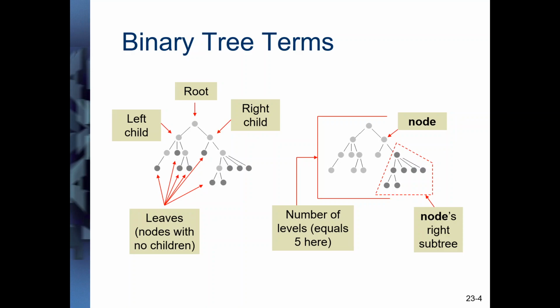And the terms that we're going to be talking about in these diagrams have to do not only with trees in general, but also binary trees. So up at the top of your tree, there's that first node, and we'll find that these are tree nodes, is called the root, and that's where you're going to start. When we talked about singly linked list, I talked about how you had to have a place to start.